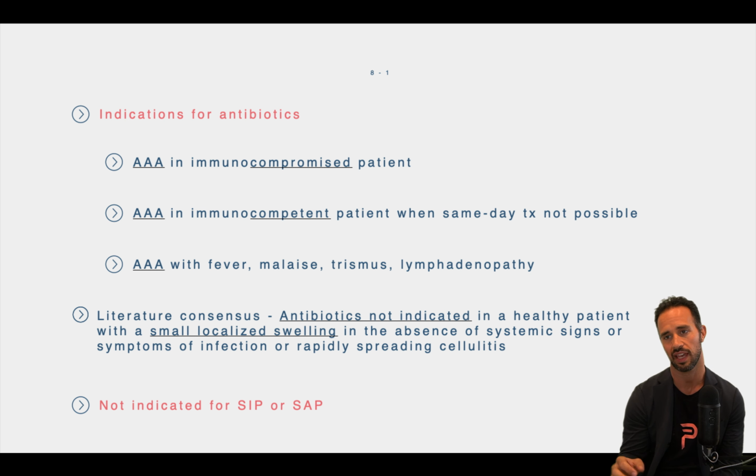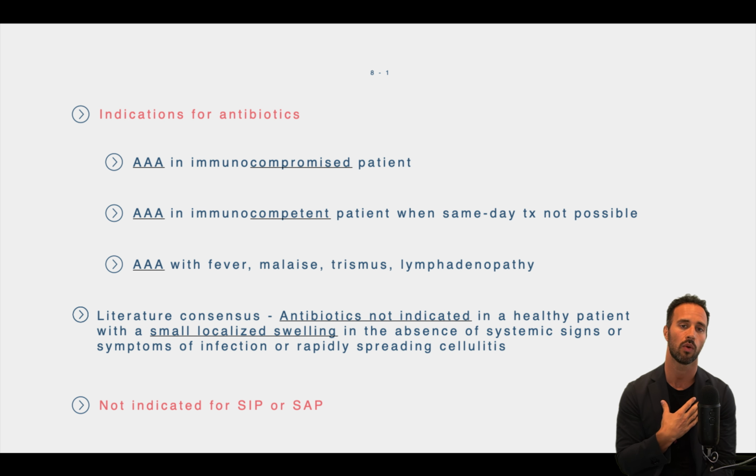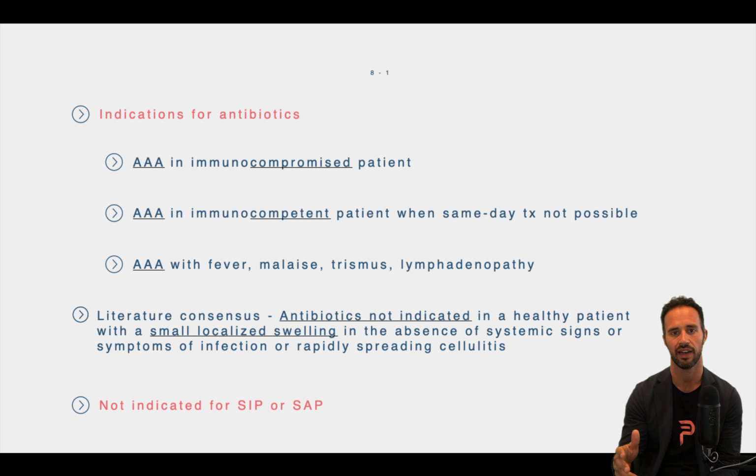Is that always the case for me, that I won't prescribe antibiotics outside of these scenarios? Not always. But you have to understand that generally speaking, we tend to overprescribe antibiotics, and I would encourage you to be very firm with when you do and don't prescribe them.